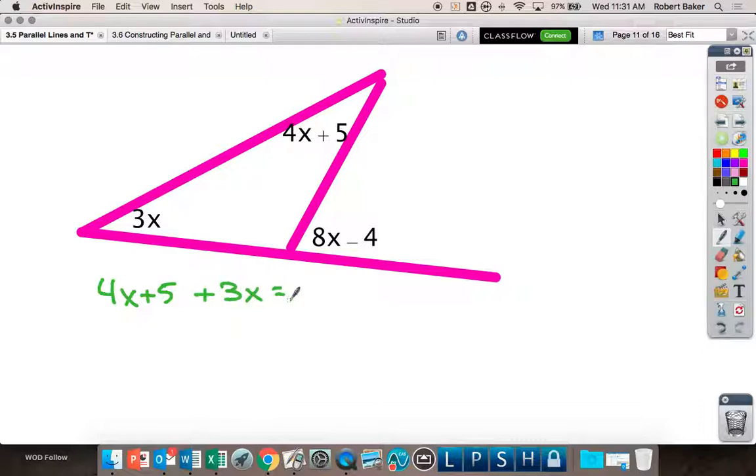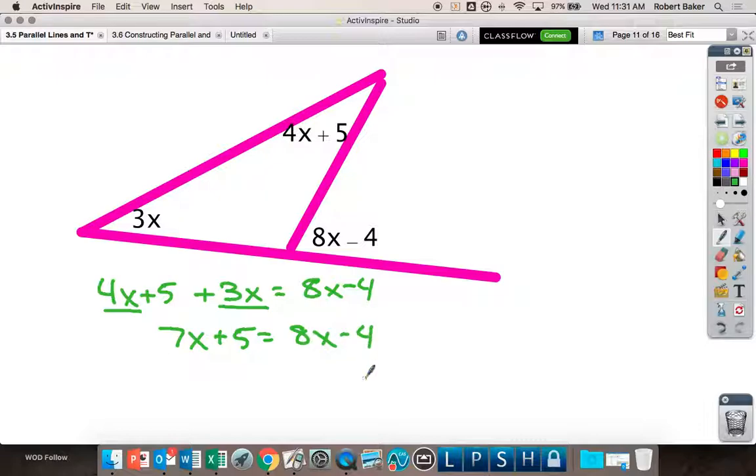If you add those two together, it should equal the sum of the exterior angle. There's no way to cheat and use a linear pair here. So I can combine like terms on the left-hand side of the equal sign. 3x's and 4x's make 7x's with a positive 5. And then bring my right side down.